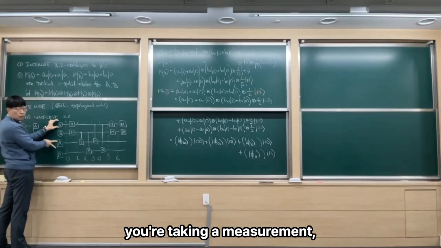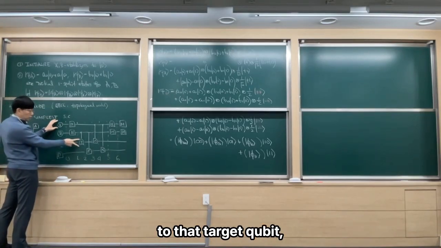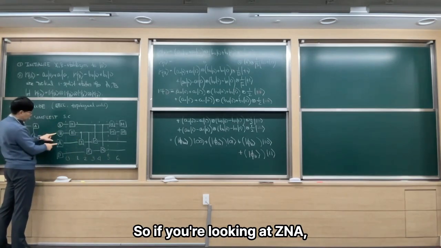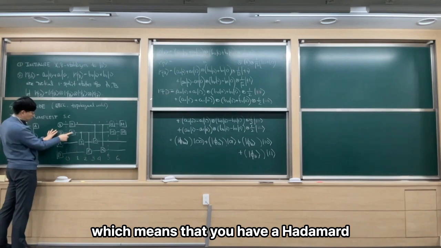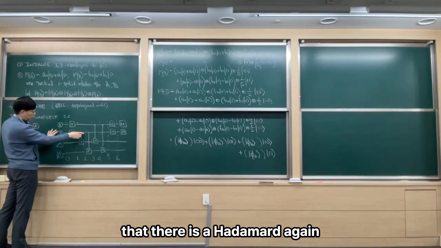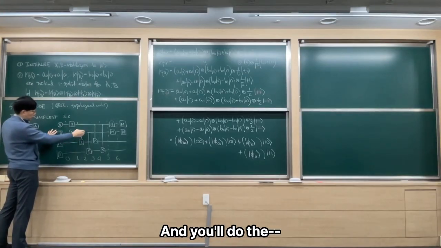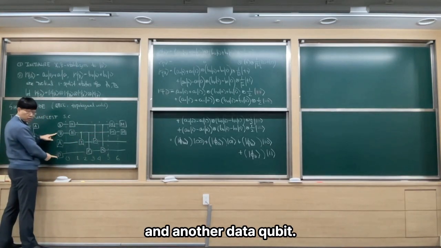You're taking a measurement, syndrome measurement. You're doing a syndrome measurement with respect to that target qubit, target gate. So if you're looking at Z and A, the first one, which means that you have a Hadamard and the control set, and you can assume that there is a Hadamard again to end this quantum syndrome measurement, and you do another quantum syndrome measurement with the same stabilizer and another data qubit.